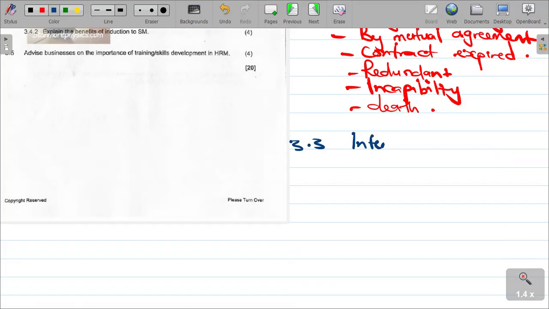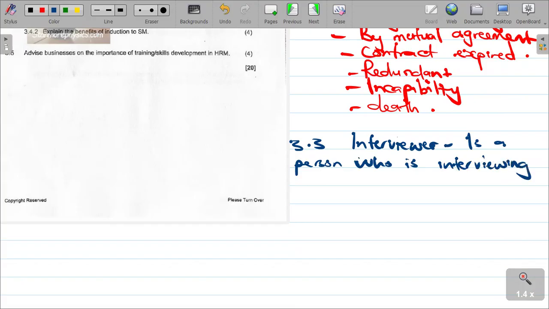An interviewer is a person who is interviewing the applicant. A person who is interviewing the applicant, that's what you call the interviewer. The interviewee is that person who is being interviewed.